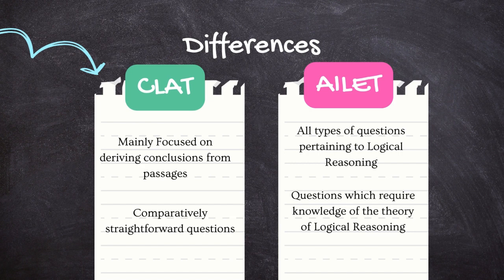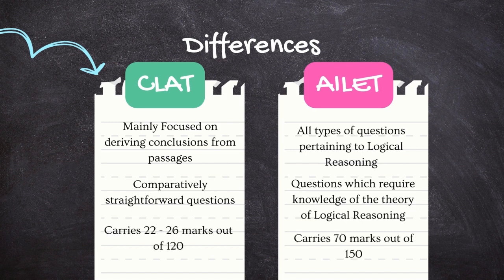Next, the questions appearing in CLAT are pretty straightforward questions. You have a passage, you are supposed to read it, you are supposed to comprehend it, and answer questions which follow. However, questions appearing in the AILET require some knowledge of the theory behind logical reasoning.